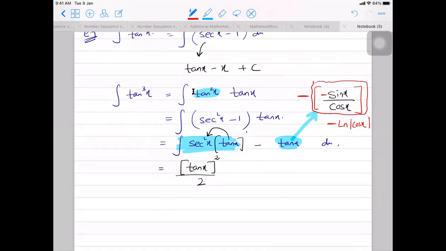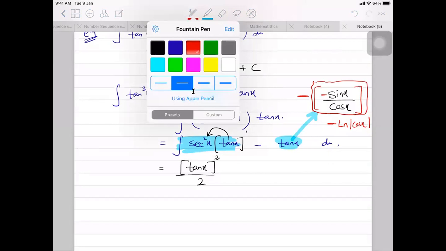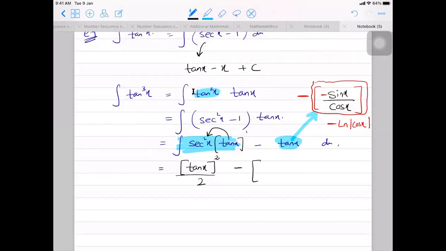It stays out in front. So I can write this as minus the integration of tan x, which is minus ln cos x. Now we don't expect you to remember this identity, but you should try to get it using the identity tan x equals sin x over cos x. Minus minus is going to be plus, so the overall answer is going to be tan square x over 2 plus ln of cos x.